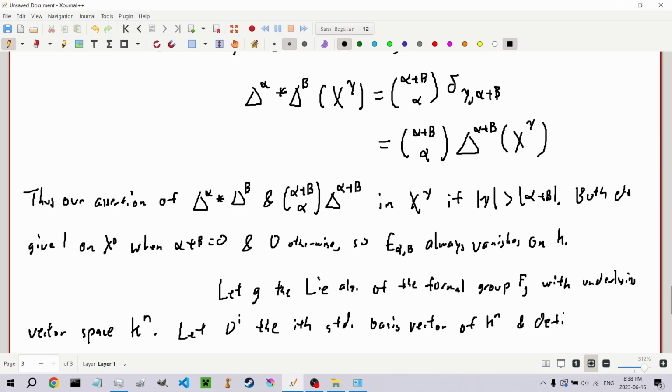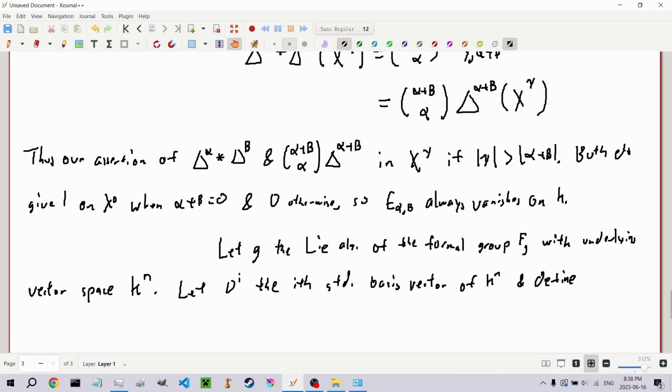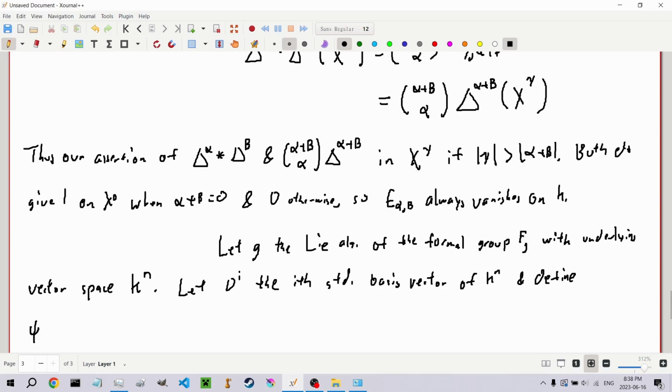and define C from G to U by C of d_i being delta to the delta sub i.